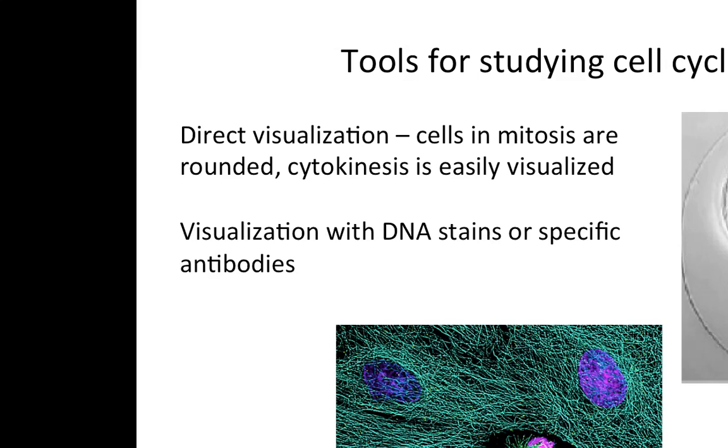So the blue is DNA, and the green one is antibodies against what protein? Against tubulin, right? Because these are your microtubules. We just learned about that. And the reason you can tell is because you've got your mitotic spindle here.